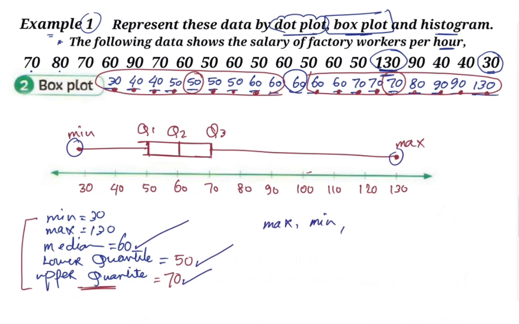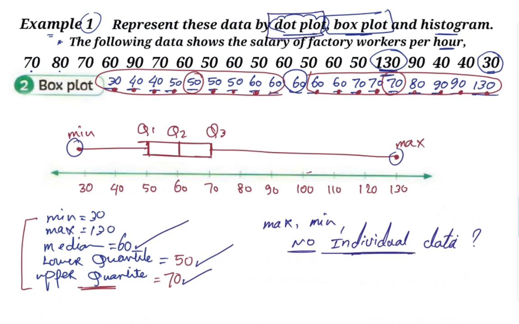Also, note with me, there is no individual data. It's the opposite of the dot plot, because the dot plot shows individual data, but the box plot has no individual data.